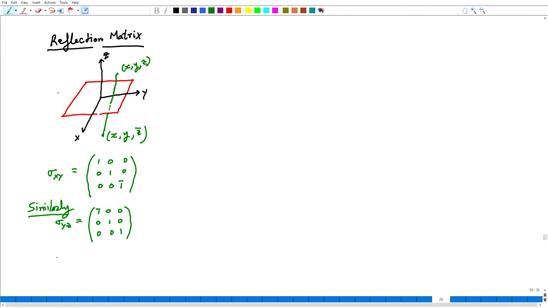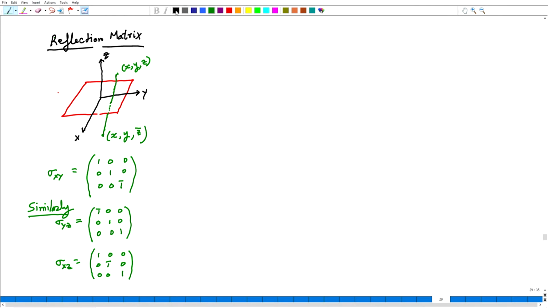And suppose the mirror is in the xz plane, which means the y axis is now normal to the mirror plane. The matrix would be 1, 0, 0, 0, minus 1, 0, 0, 0, 1.